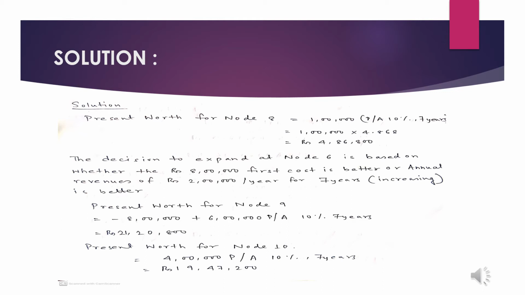The present worth of the salvage value is 5,50,000 if we terminate that low volume production. So the first node that we have at node 7, the net revenue of 1 year, had 2 branches come out of it: one was to terminate and one was to continue.